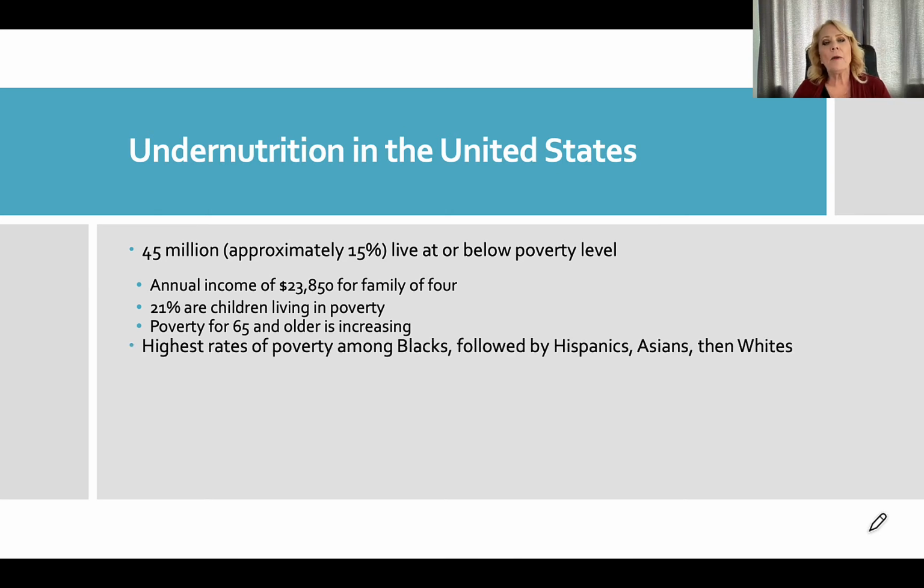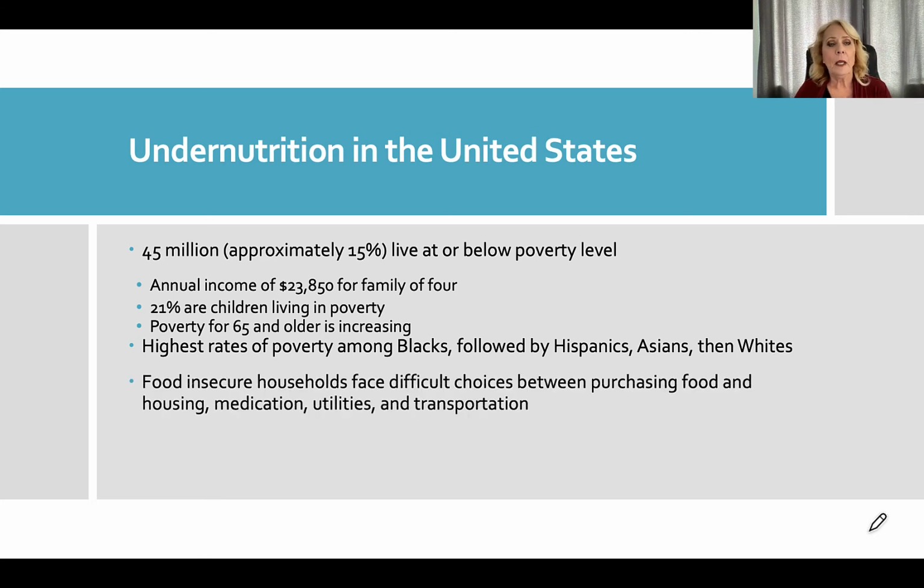The highest rate of poverty is among Blacks, followed by Hispanics, Asians, and then whites in this country. Now, and really this is what your book says, the highest level is actually among Native Americans. But that's kind of funny because when we think about different populations, we always seem to leave out the Native Americans.